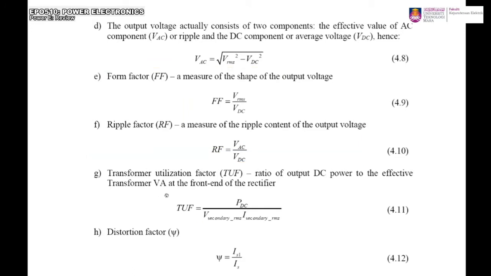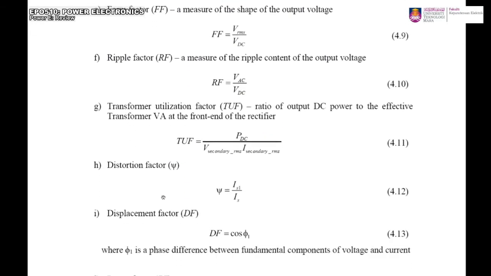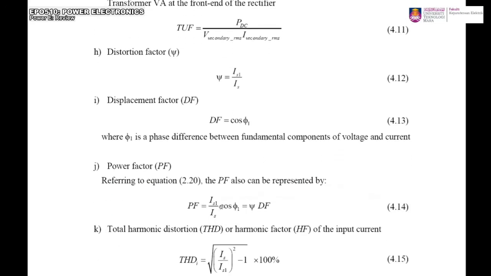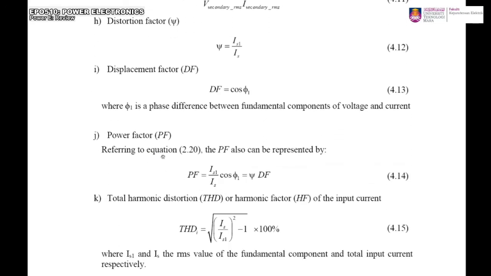This is less important. Distortion factor is important. Displacement factor is important, whereby the actual power factor equation is this one: IS1 over IS, cos B1.